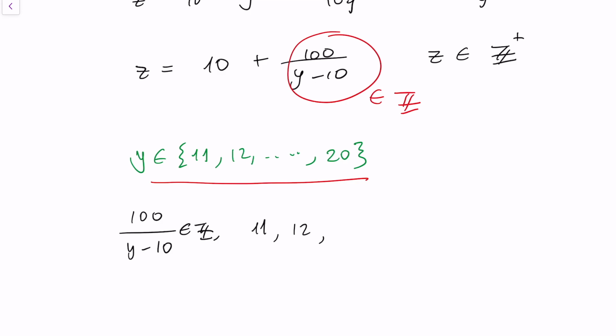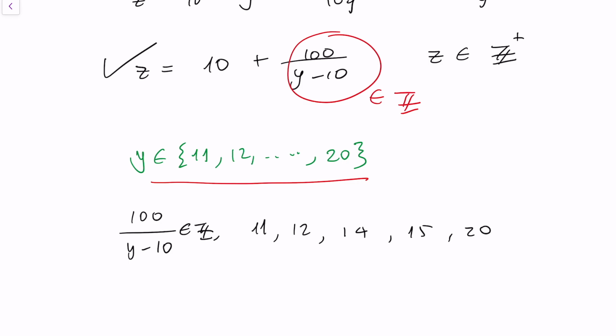It can't be 13, it will be 14, or 15, or 20, isn't it? Because we will then have 100 over 1, 100 over 2, 100 over 4, 100 over 5, and 100 over 10. And this will all give us integers, so z will be an integer, right?